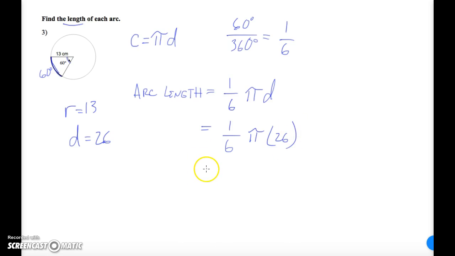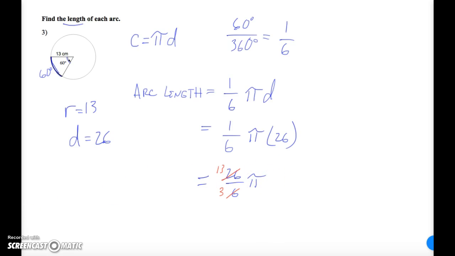And then we can do some simplifying. This is 26 over 6 times pi. We can simplify that fraction a bit. We can take a 2 out of there and leave us with a 3. We divide that by 2, we get a 13.